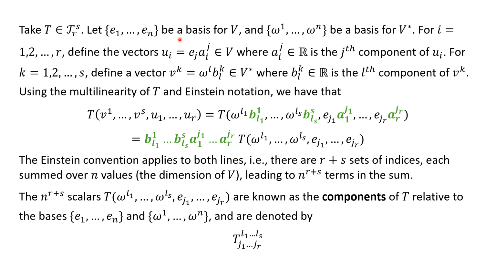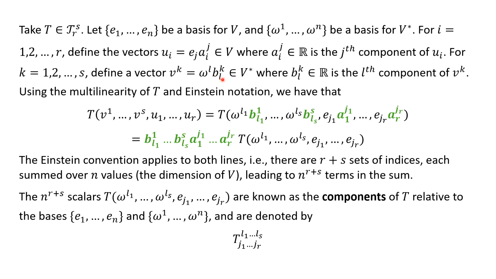And take note that that's Einstein notation, so it's really a linear combination. It's over the sum J equals 1 to n, since there are n vectors in the basis. And then since we used superscripts as the indices for the basis for the dual, we have the summation slightly different from up here.